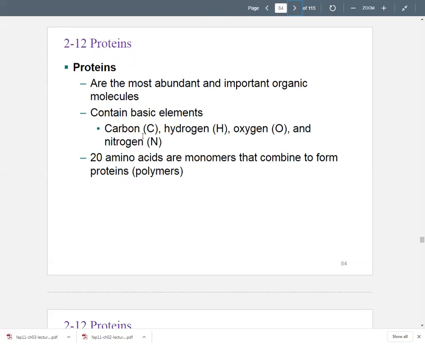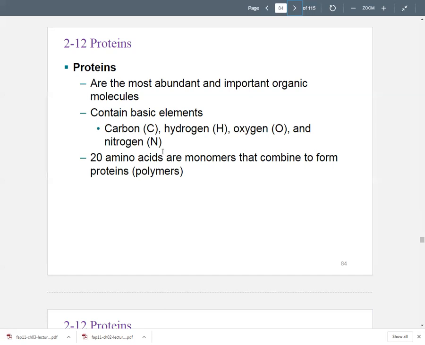Let's talk about proteins. These are the most abundant and most important organic molecules. Much of the activity that happens in your cells and in your organs is based on the activity of proteins. They contain different elements: carbon, hydrogen, oxygen, nitrogen, very important elements we've learned about.